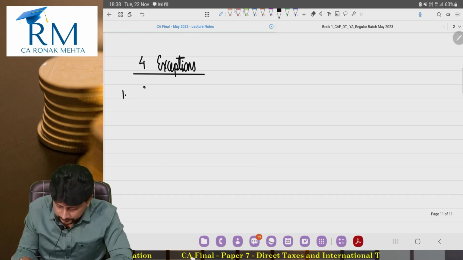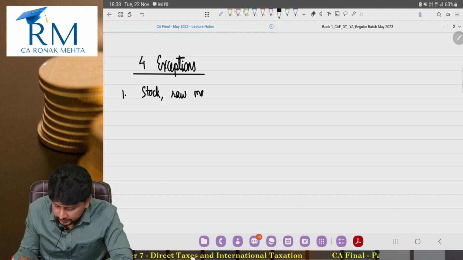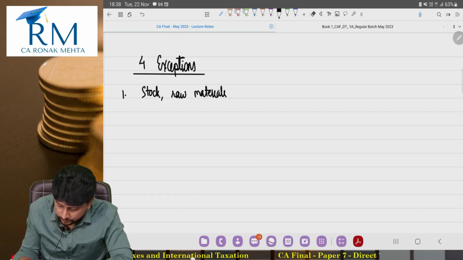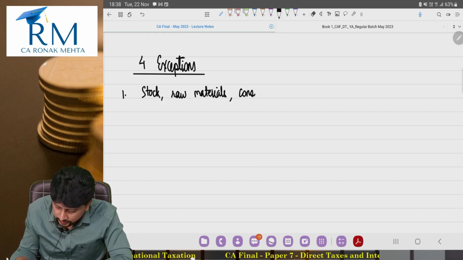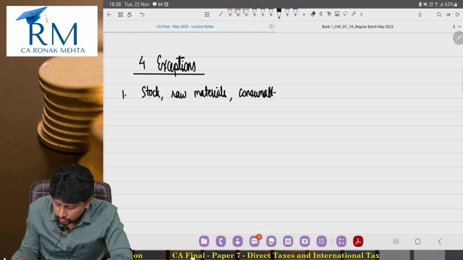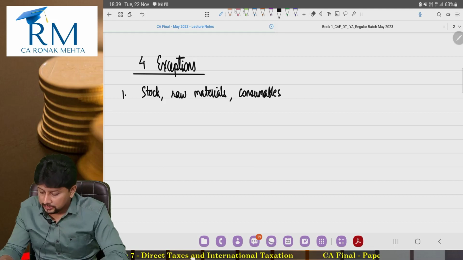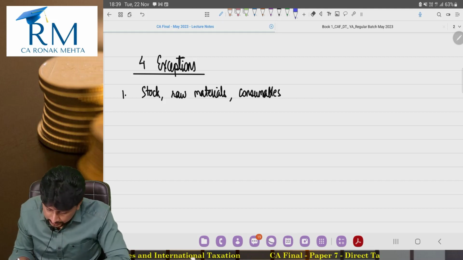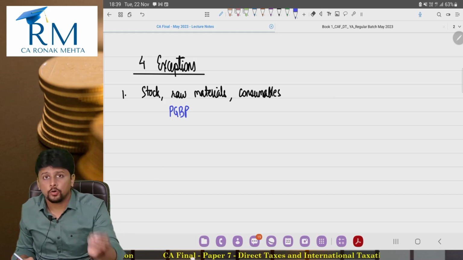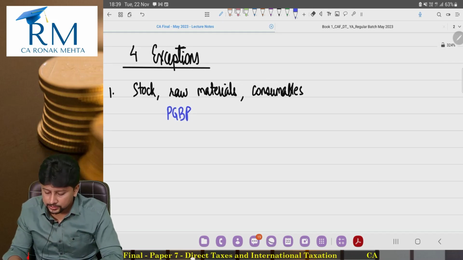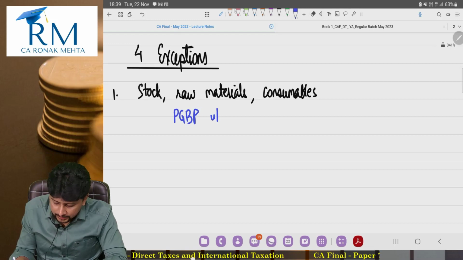First, if there is any stock in trade, if there is any raw material, if there are any consumables. Now stock in trade, raw material, consumables, the moment you start using these words, the head of income that comes to your mind is PGBP. So when stock in trade is sold, raw materials are sold, the income will be taxable under PGBP.